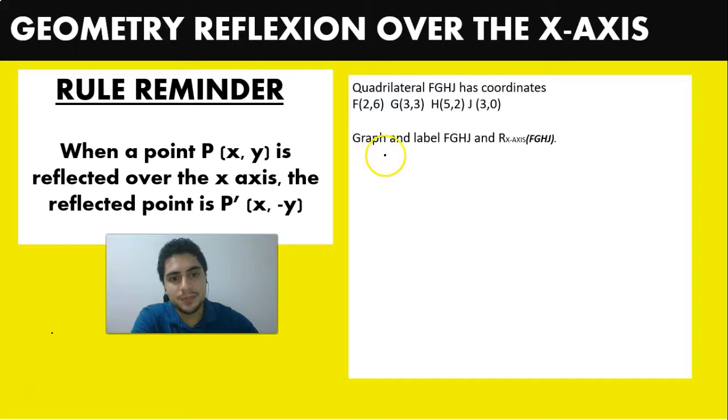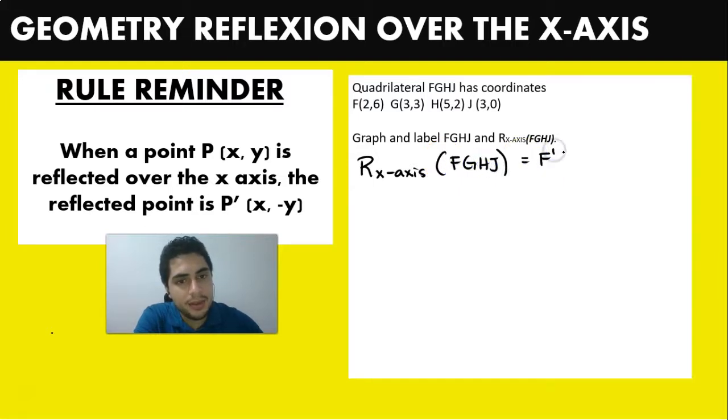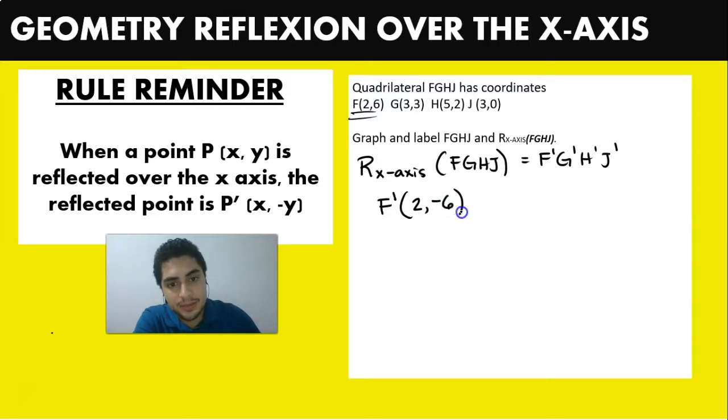So in this case, the reflection over the x-axis of FGHJ is going to be F', G', H', J'. F is going to have the same x value, so 2, but then the value of y is going to be minus 6.